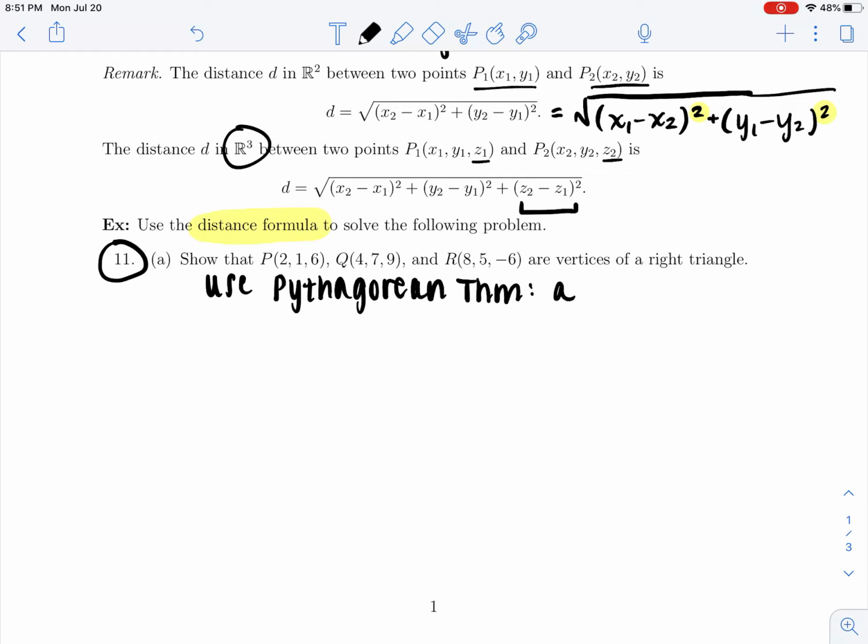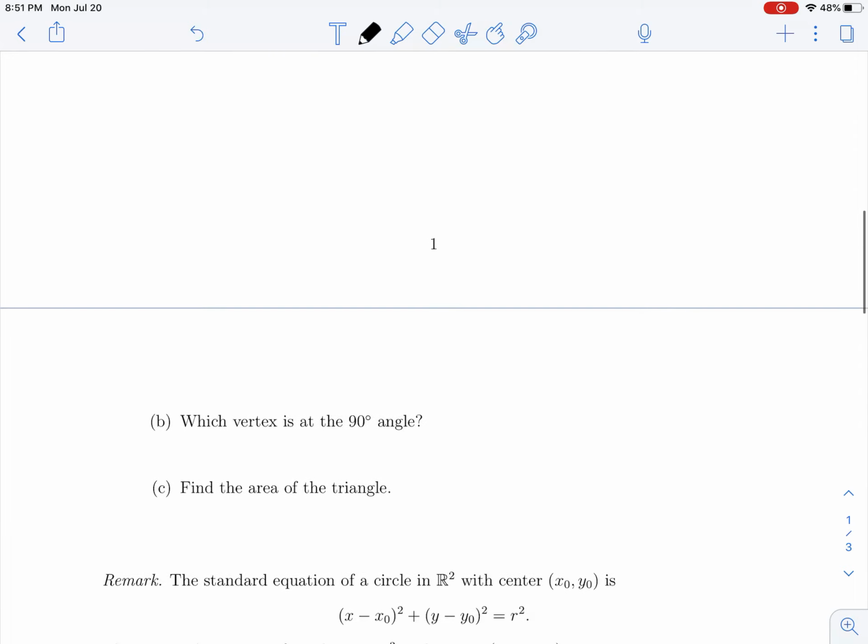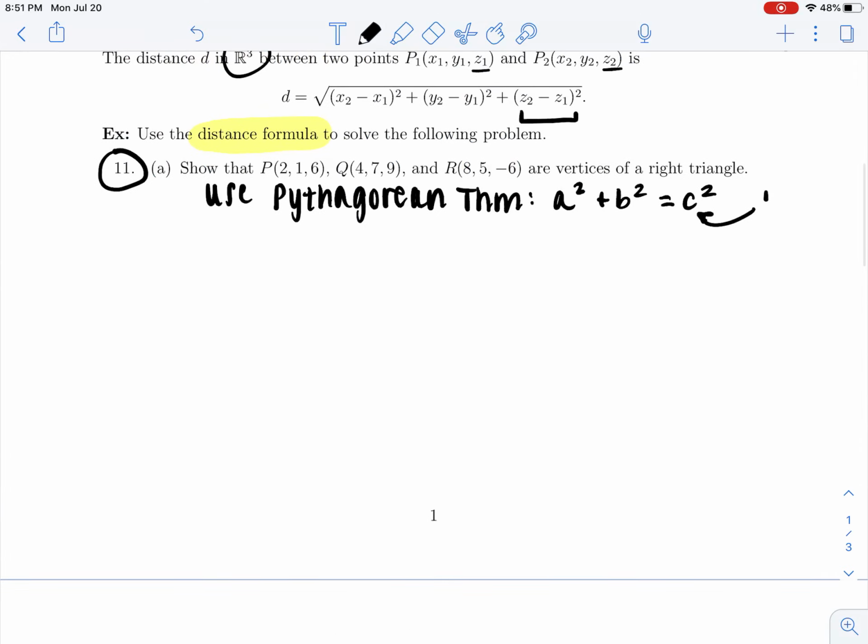The Pythagorean theorem says that a squared plus b squared equals c squared, where c represents the length of the hypotenuse, or in other words, the longest side of that right triangle. So if we can calculate the lengths of these line segments between P, Q, and R, and if we can also show that those lengths satisfy the Pythagorean theorem, then we can conclude that they're vertices of a right triangle.